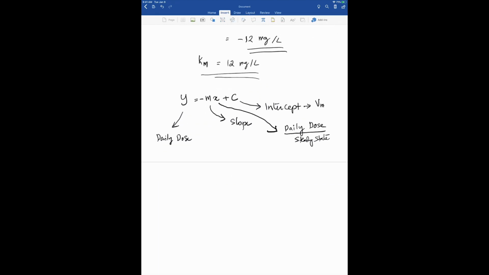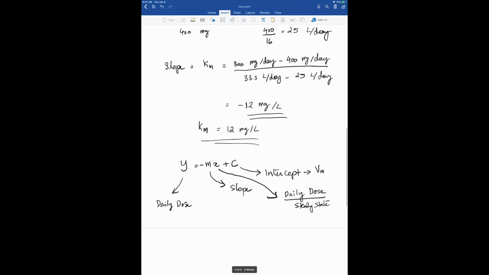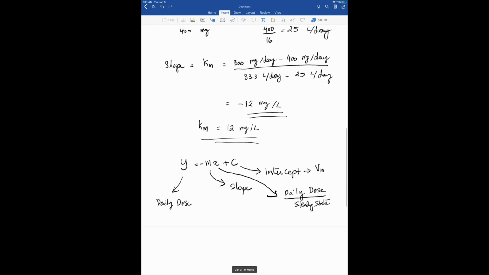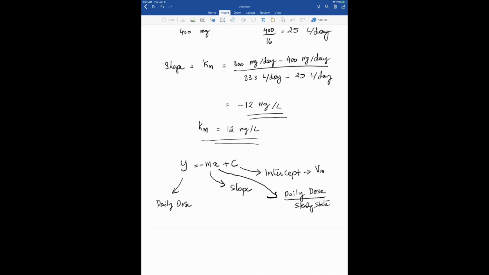Using that, you can pick any one of those. Because this is a straight line, we only have two data points, so we can just pick any one of those. Let's say we are picking the dose of 400 milligrams.